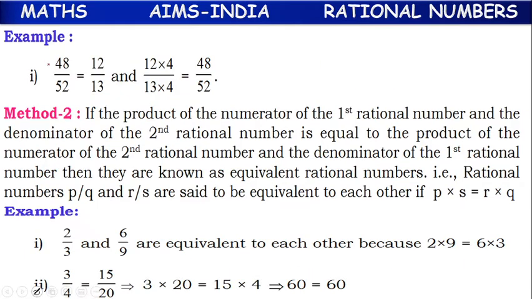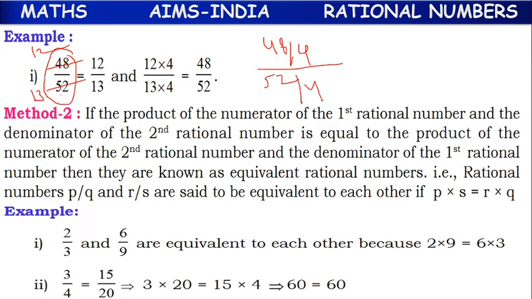Next, suppose we have a rational number 48 by 52. So here both the numerator and denominator are commonly divisible by 4. 4 12 times 48, 4 13 times 52. Means here 48 divided by 4 and 52 also divided by 4. Then we are getting new rational number 12 by 13.